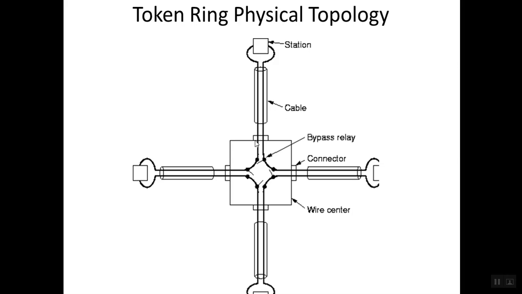Suppose this station fails, then the absence of current will not activate the bypass relay, and hence it will remain in its position, meaning these 2 points will be in contact.